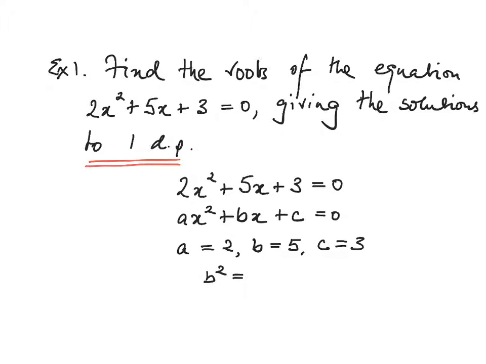So b squared is 5 squared. 4ac is 4 times 2 times 3. 8 times 3 is 24.